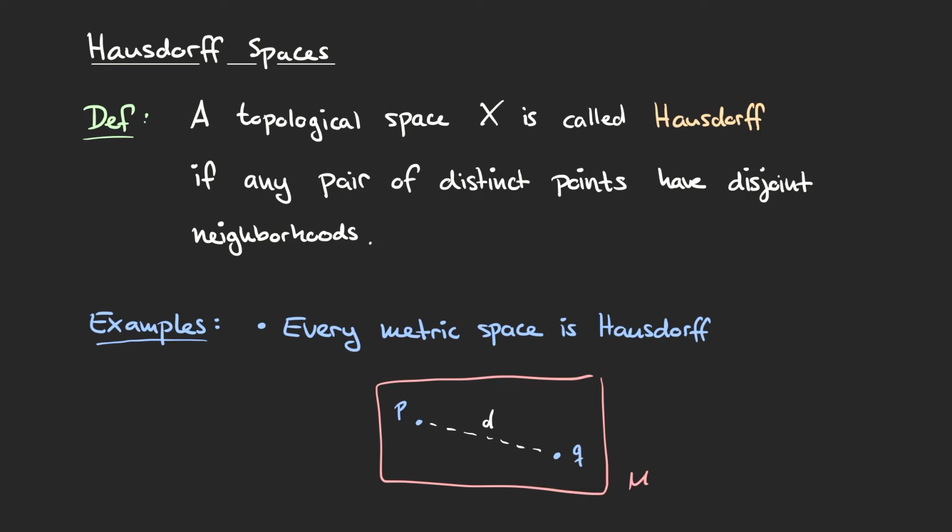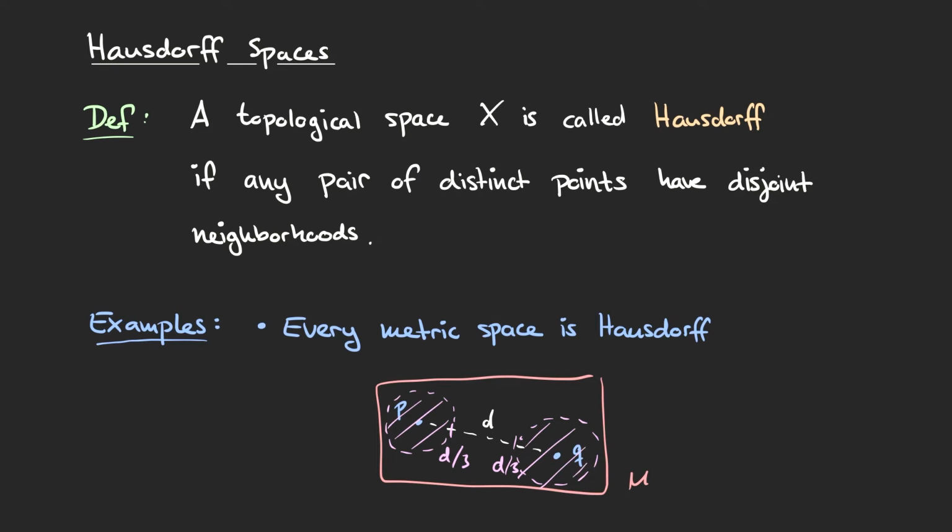For example, I could choose radius, let's say d/3, around P, and then look at the open ball around P with radius d/3. And similarly, I could look at the open ball around Q of radius d/3, and these would be neighborhoods of these 2 points, and they don't intersect.